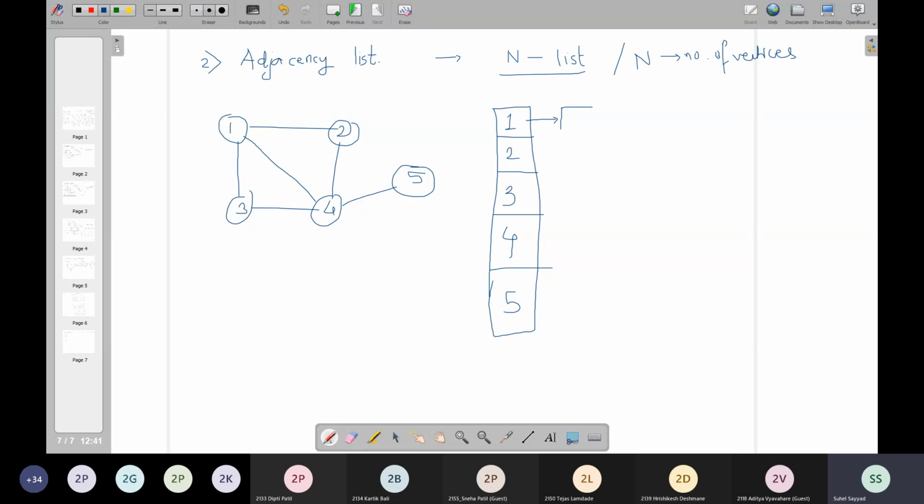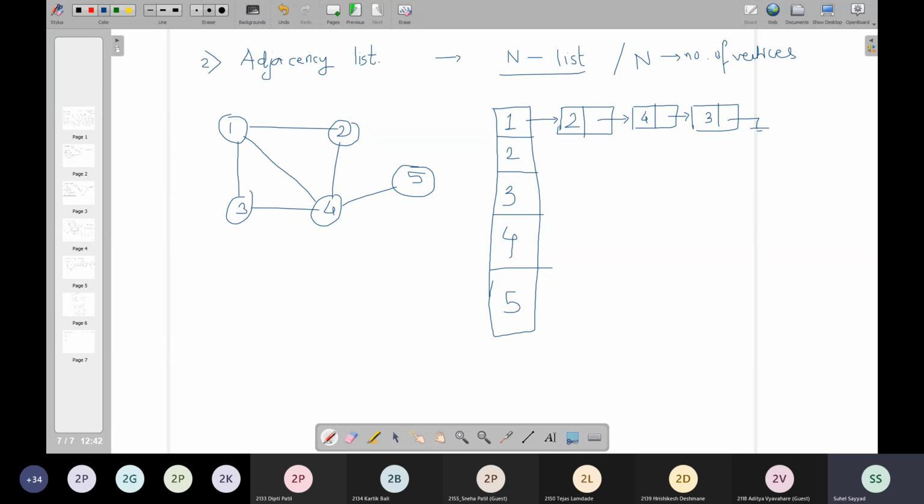It is going to store the adjacent vertices of vertex 1. Which vertices are adjacent to 1? 2, 4 and 3. So this will be stored here, 2 in singly linked list form, then 4 and 3.